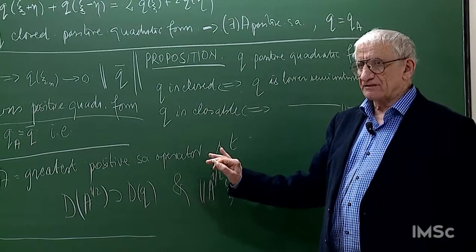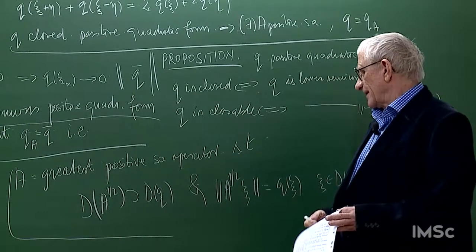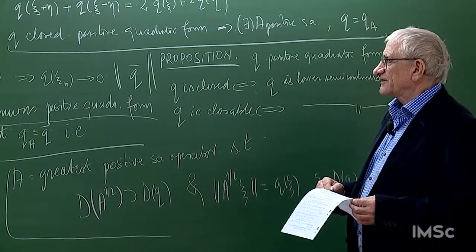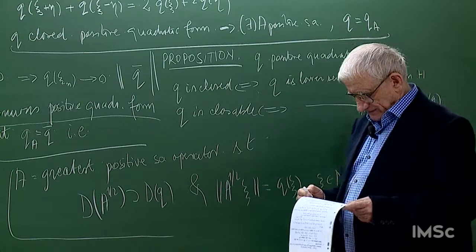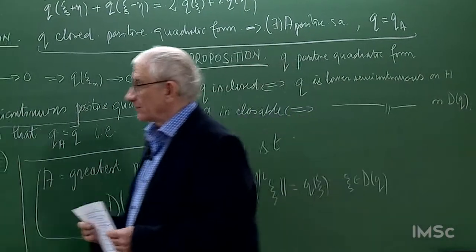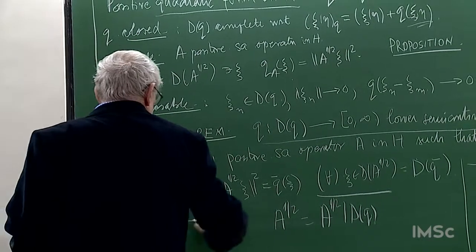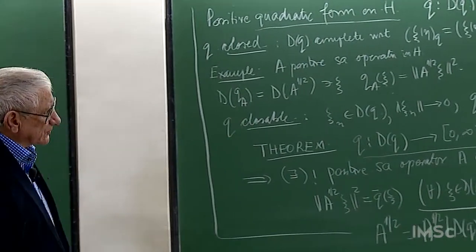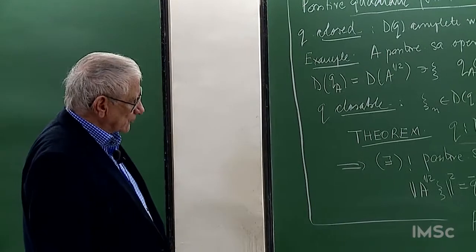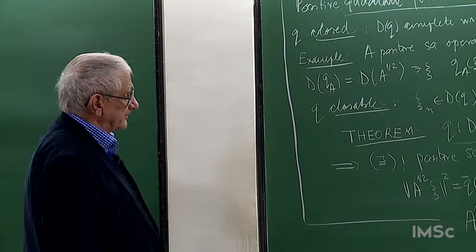Just the fact that it is closable, that means it is semi-continuous. Okay, so these are some preliminaries on the method to construct a positive self-adjoint operator.